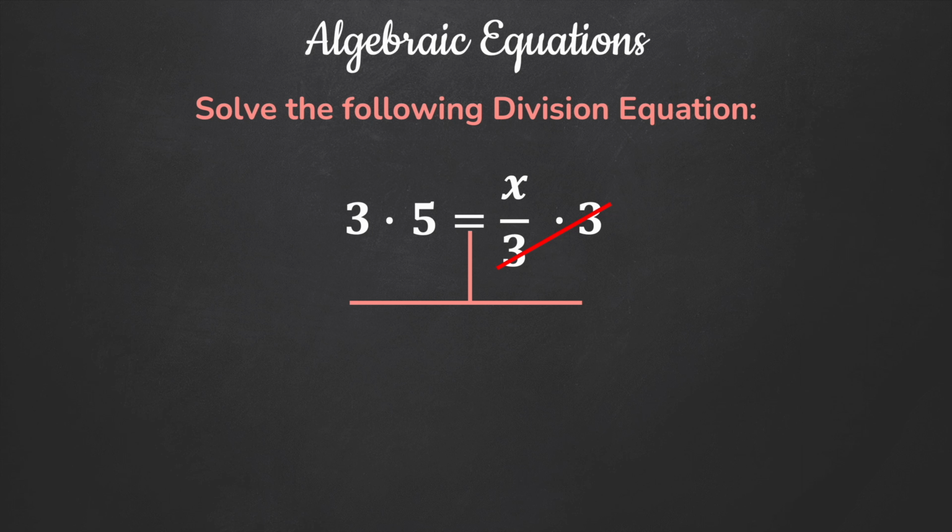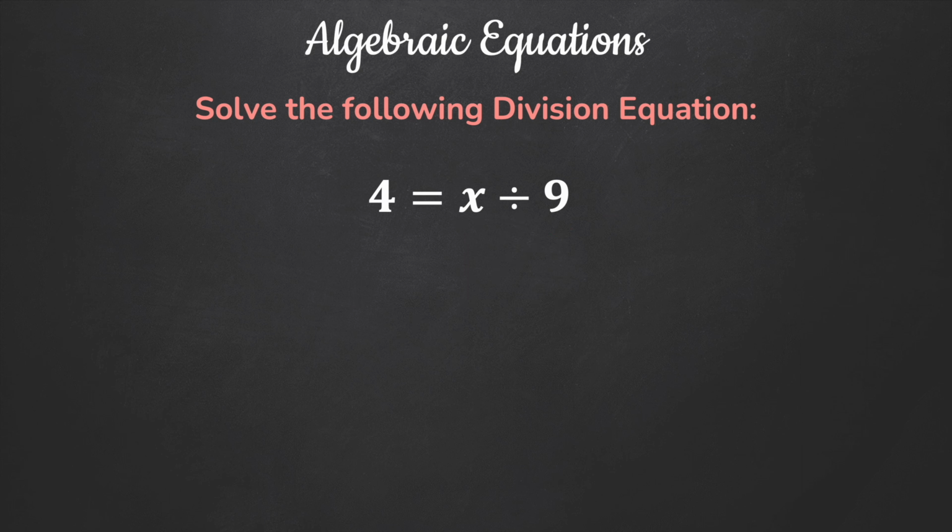And then on the left side, we have 3 times 5, which is equal to 15. We're going to bring down the equal sign, and then we're going to bring down x. So x is going to equal 15. Now, if we went back to our original equation and substituted x for 15, we would have 5 is equal to 15 divided by 3. And that is true, meaning we did get the correct answer. So x is equal to 15.